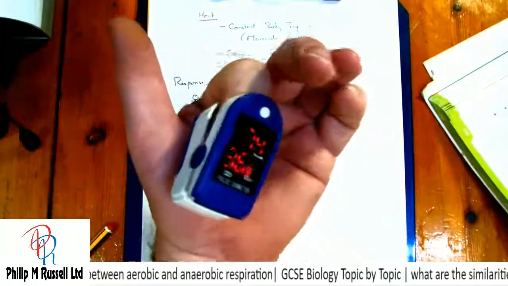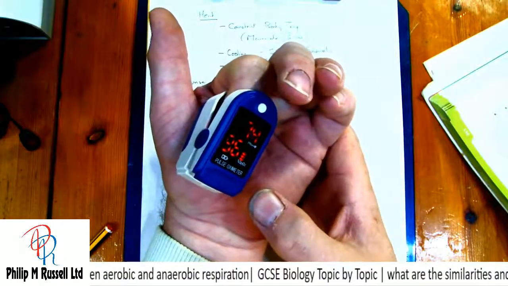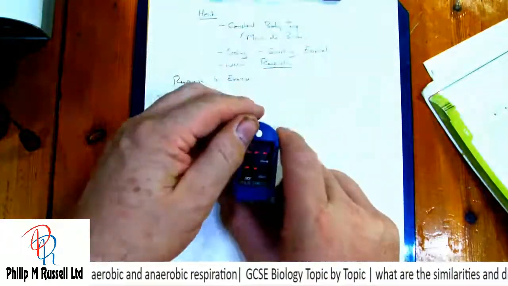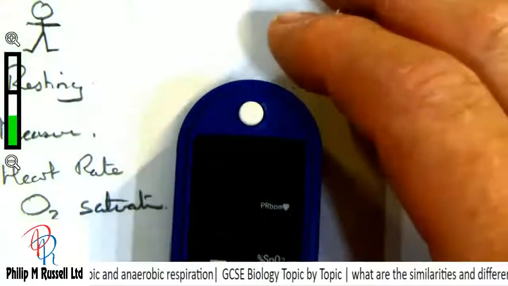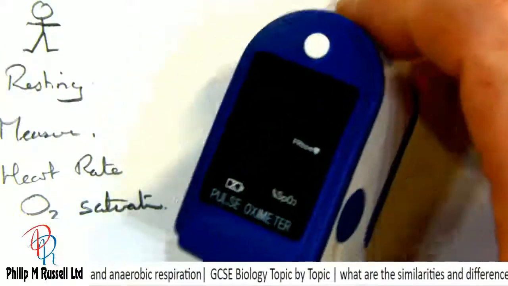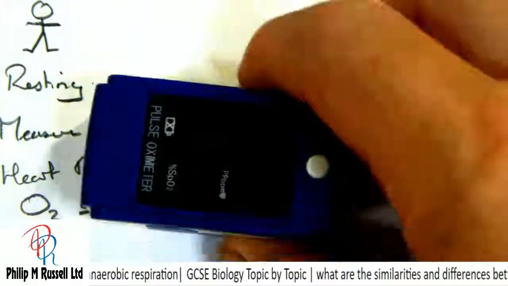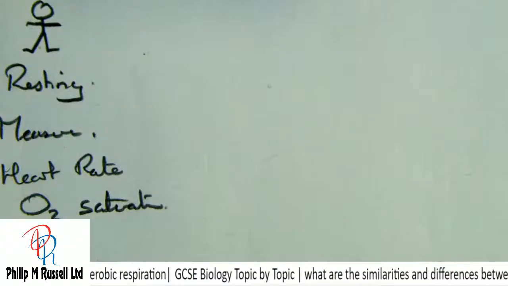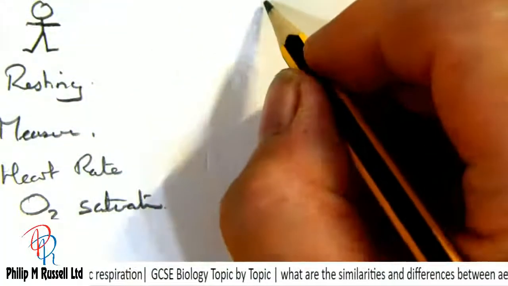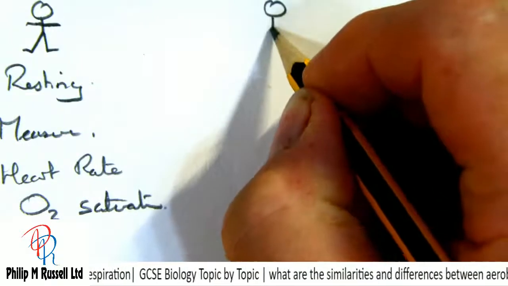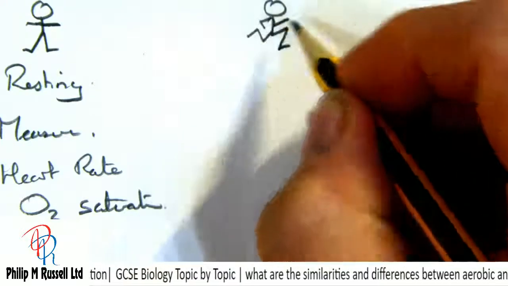I'll zoom out just a little bit and you can see that my sats are 96. So these little pulse oximeters are fairly easy to use, and we can measure simply our heart rate and our O2 saturation. We can then go off and do some exercise.